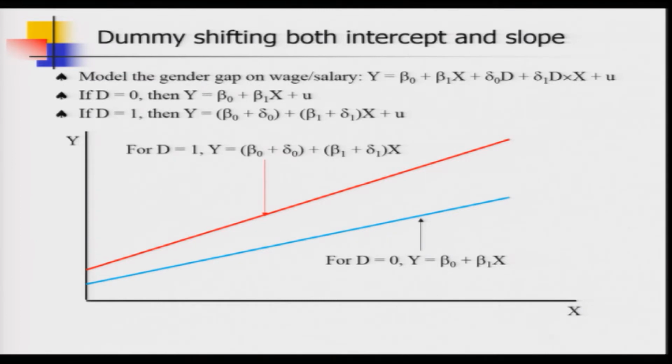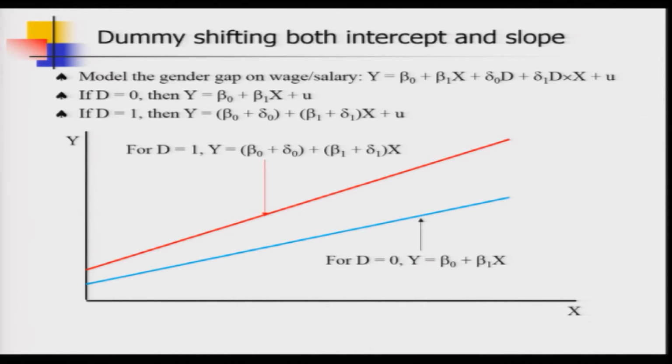So, now as usual I want to look at the base category equation first. That is basically for the female, and we have as usual the simple straight line beta naught plus beta 1 times x plus u. And then I have the new regression equation, which is a reduced version of the mother regression equation, and this is for the male counterpart.